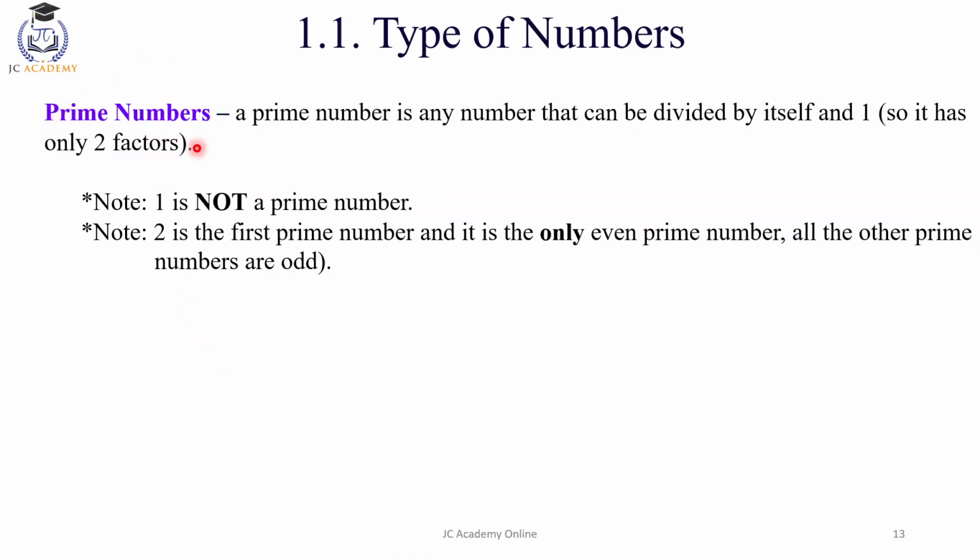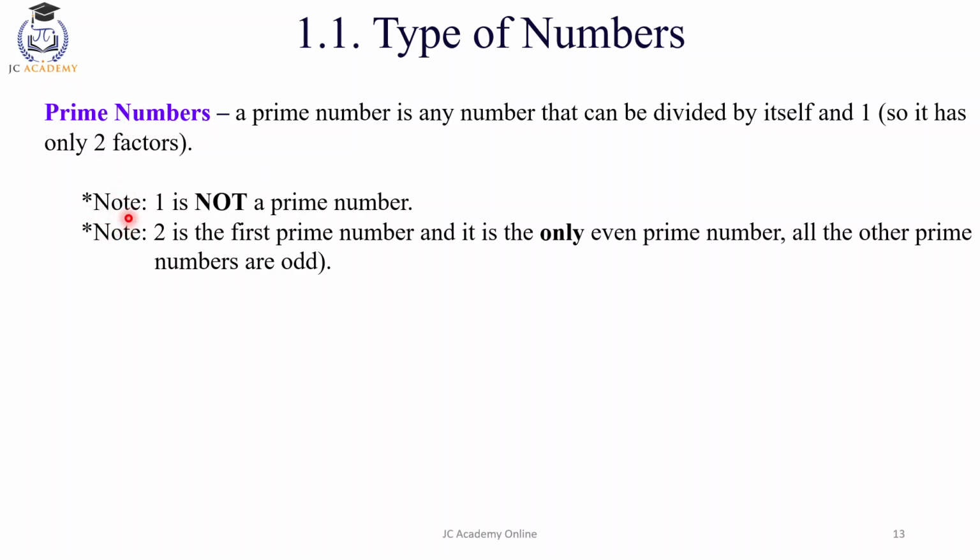Another important term that we should add to our vocabulary is the term prime numbers. Prime numbers are extremely important in mathematics. So a prime number is any number that can be divided by itself and 1. So it has only 2 factors.